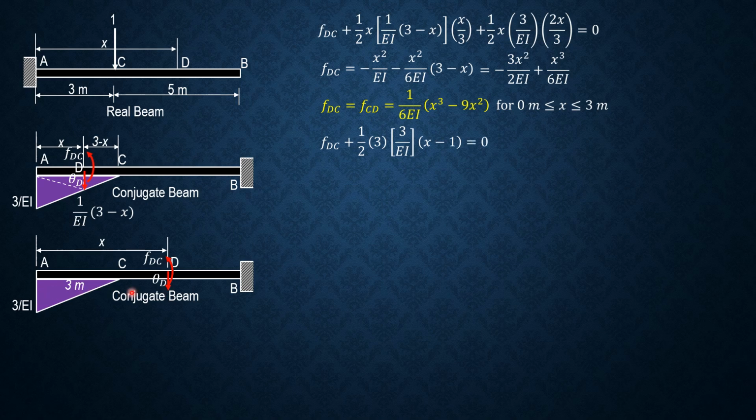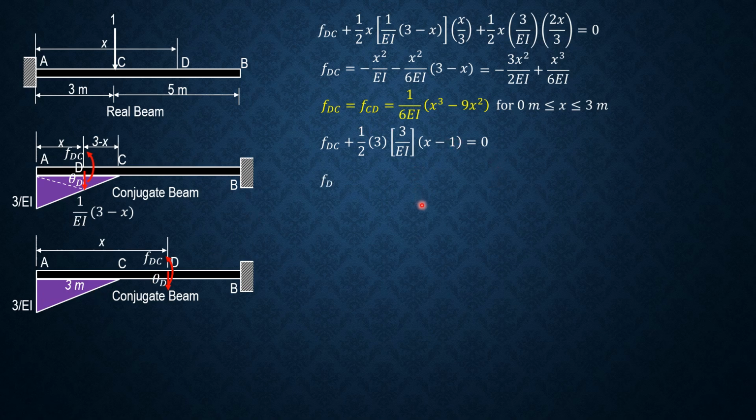The distance is x minus 1, because the location of the centroid of this triangle is 1 meter from this leg, and because that is x, the distance of the centroid to this point D here is x minus 1. So FDC plus 1/2 of 3 meters times 3 over EI times x minus 1 equals 0.